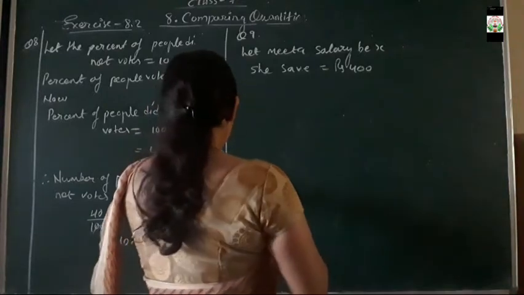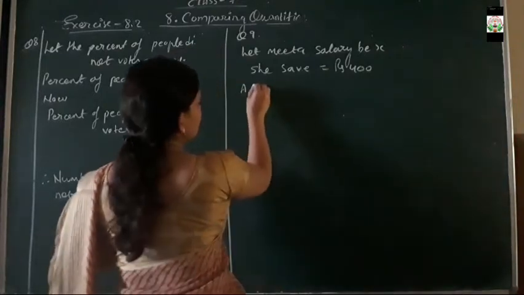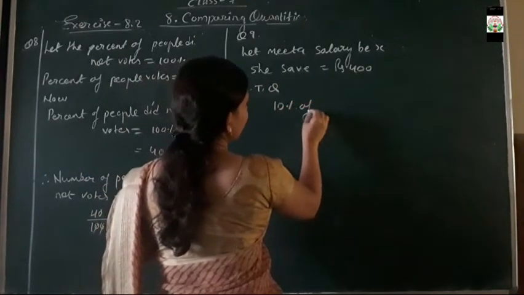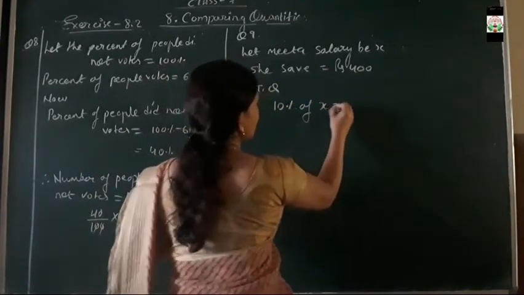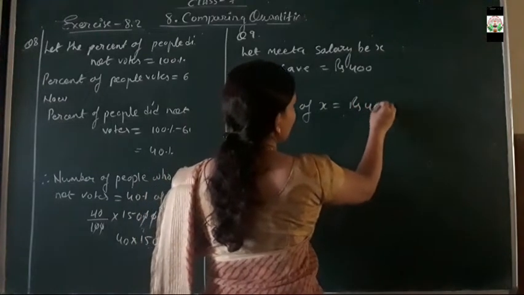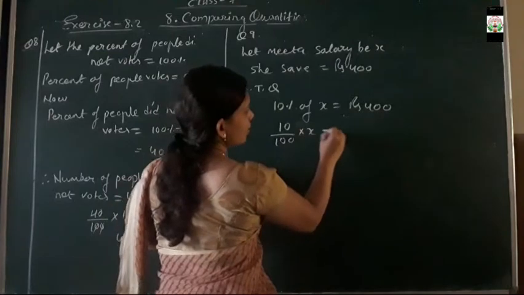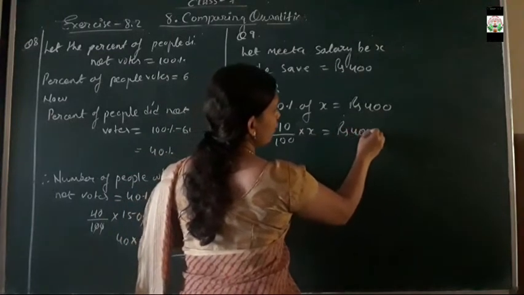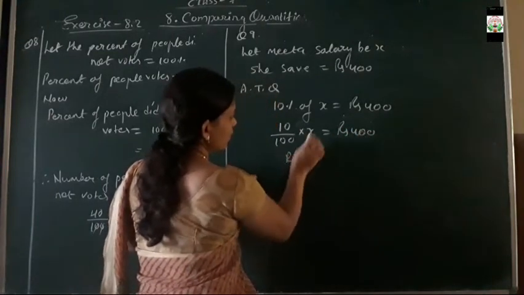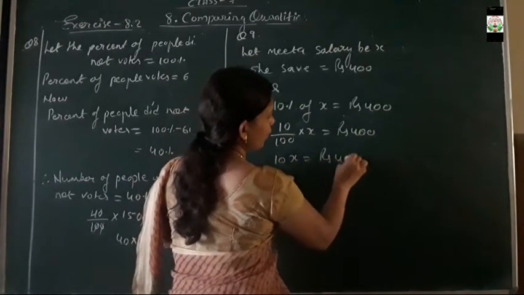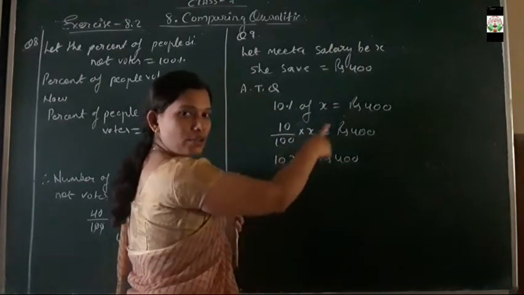Now, according to the question, 10% of x is equal to rupees 400. So 10 upon 100 into x is equal to rupees 400. Now 10x is equal to rupees 400. This 100 will cross over there.